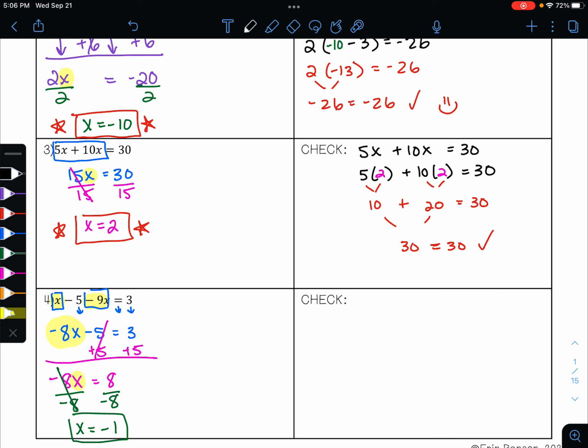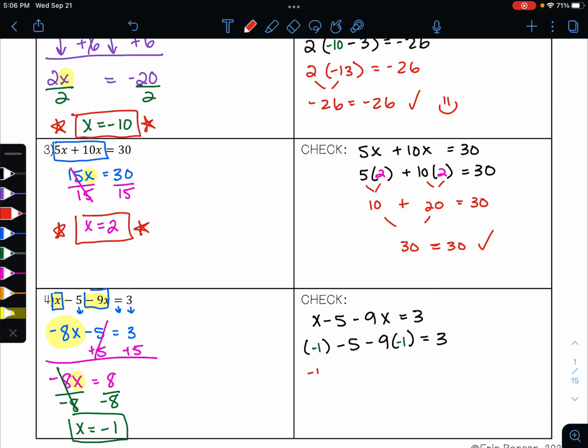Let's go ahead and check our work. So my original problem is x minus 5 minus 9x is equal to 3. And I'm going to replace all of those x's with negative 1. So let's see. If I do my order of operations, I do multiplication before I do subtraction.